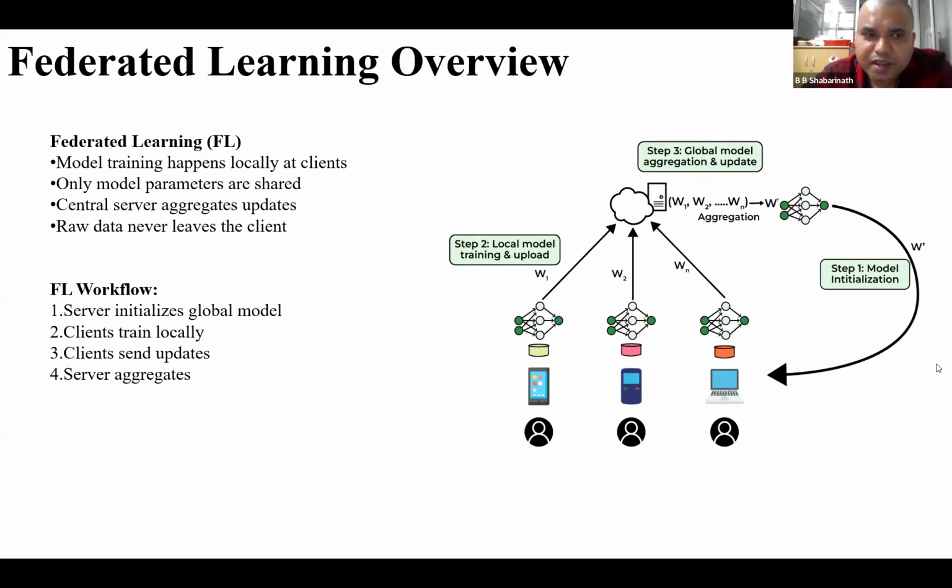This happens in an iterative manner, so that we get convergence after a certain number of epochs. The workflow is: the server initiates the global model, clients train locally, clients send updates, and finally the server aggregates. This is repeated until convergence.